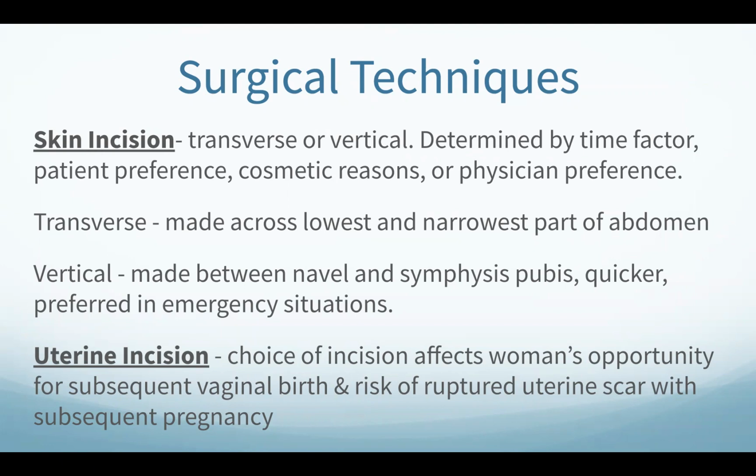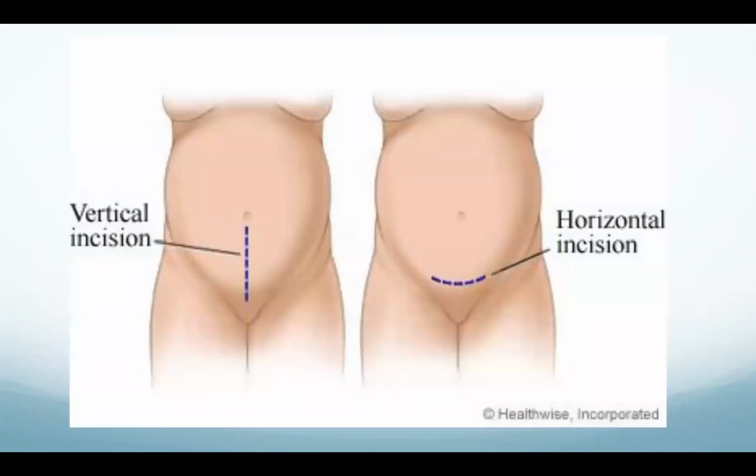It's done very low, and the chance of having a VBAC, a vaginal birth after cesarean, is made better when they do the transverse. The VBAC cannot be done when there's a vertical. So there is your vertical right there, from the umbilicus to the symphysis pubis, and then the horizontal in the lower end down here.